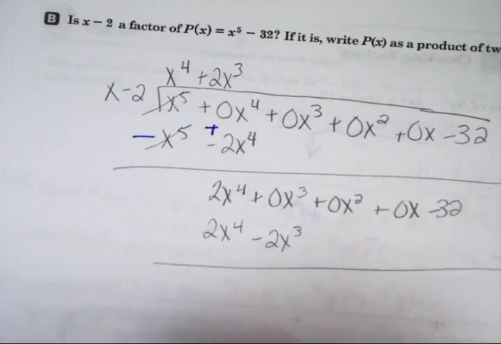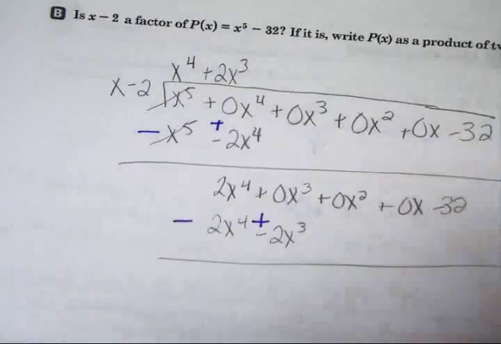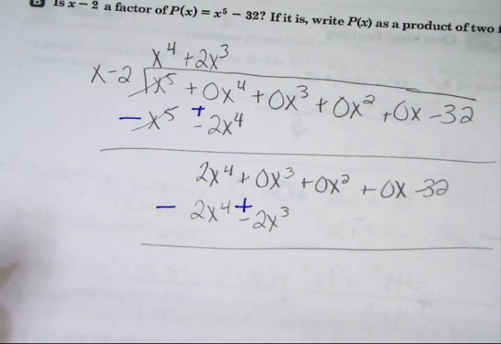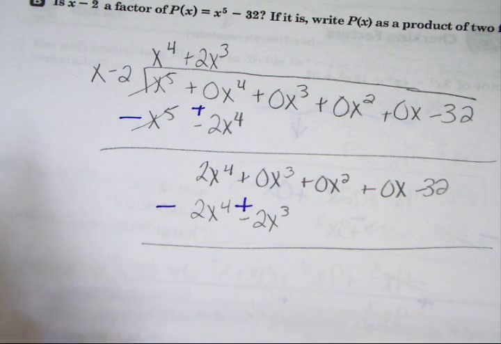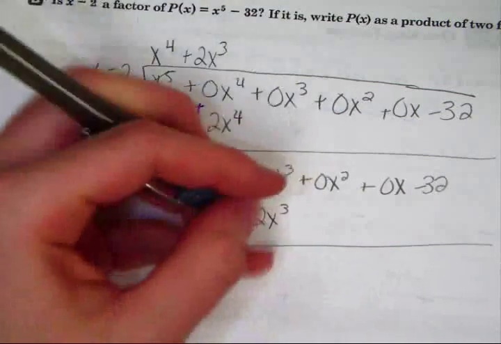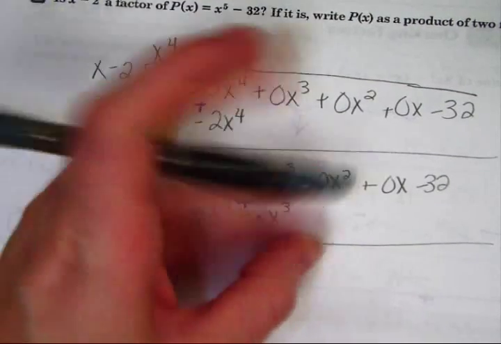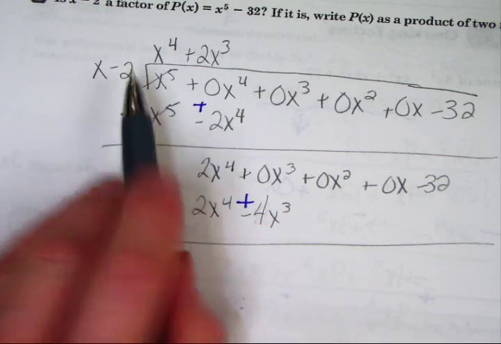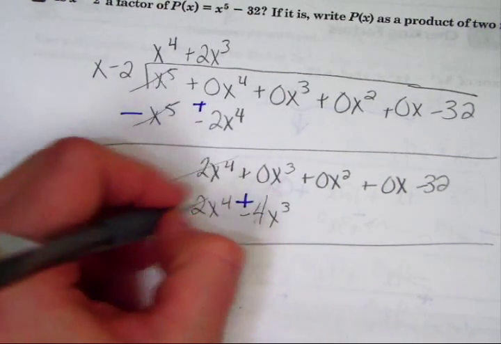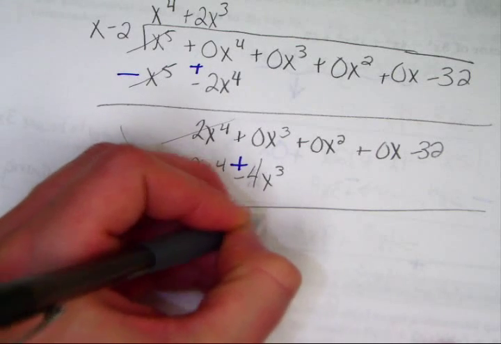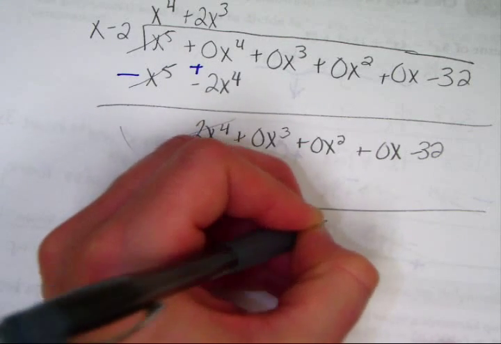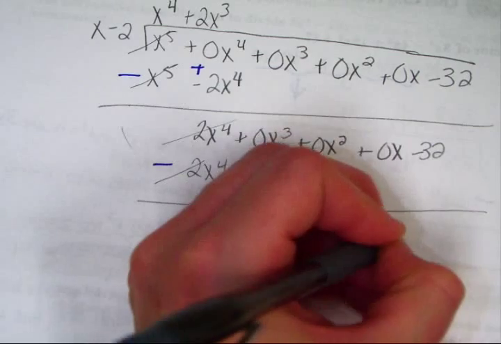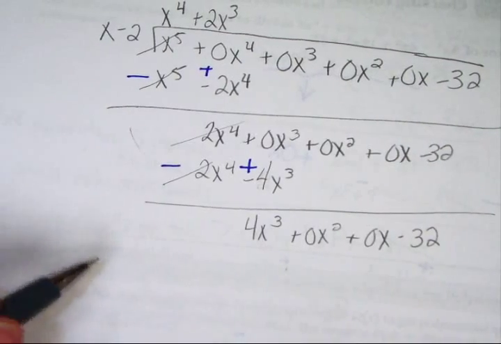Now change your signs and bring everything down. Did I multiply? I did not multiply. Okay, this should be a 4 right here. Because 2 times 2. Alright, cancel out. You get positive 4x cubed plus 0x squared plus 0x minus 32 when you bring items down.